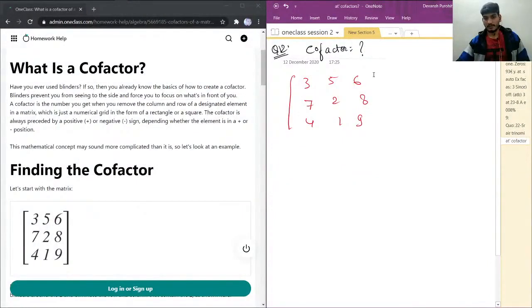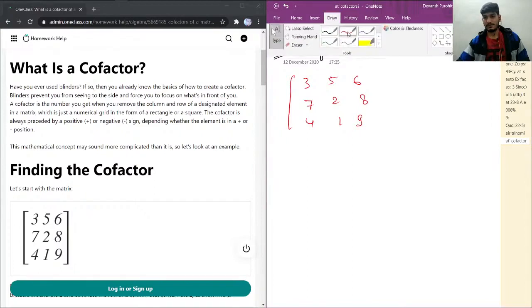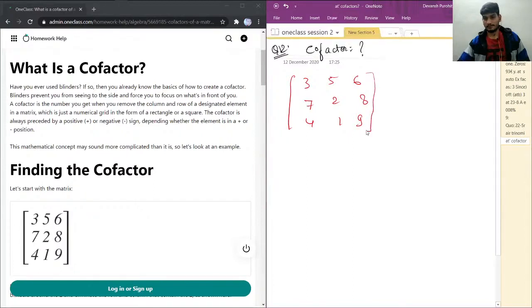Now for calculating the cofactor, we have one formula.